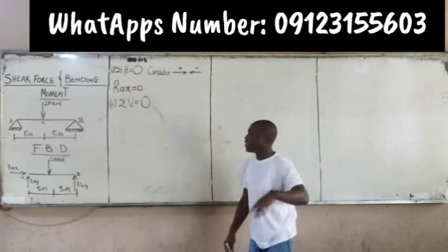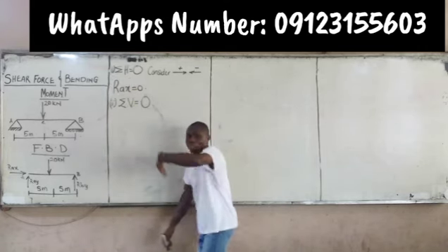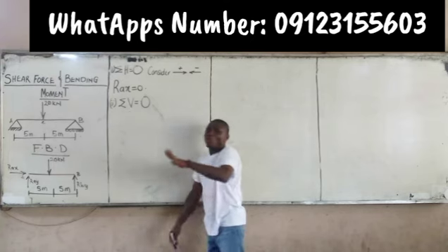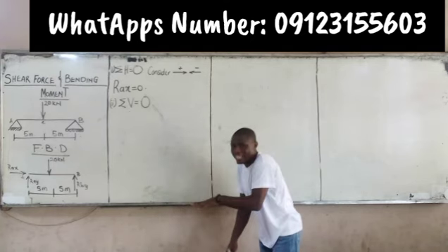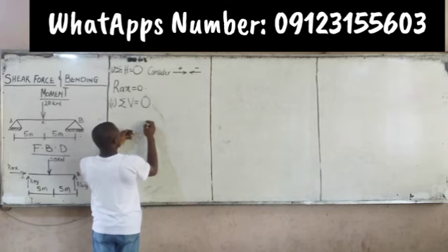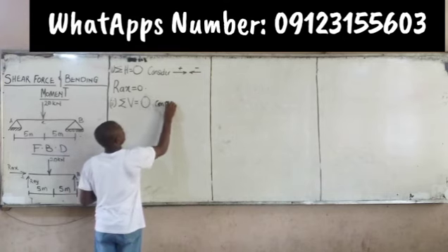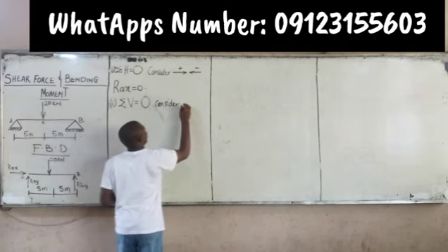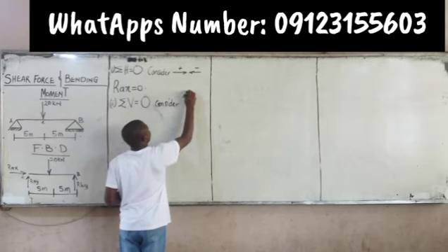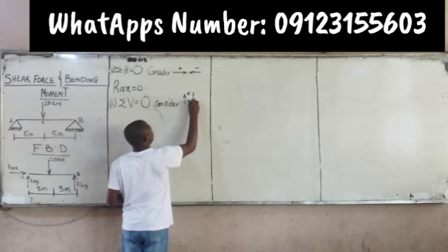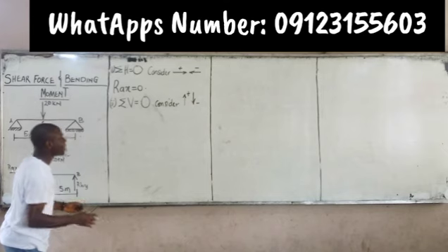Next, the second condition is the summation of vertical components. From here, listen. For this one, consider upward force to be positive and downward to be negative. In this case, check the diagram here.